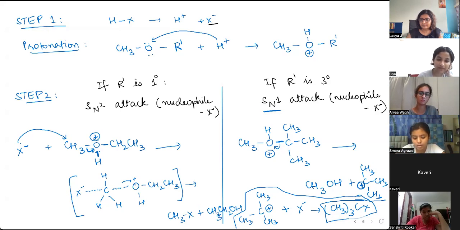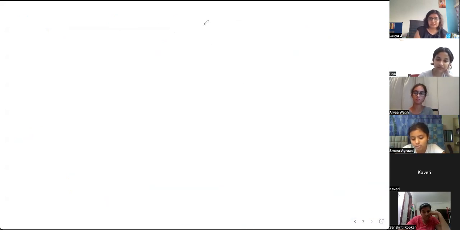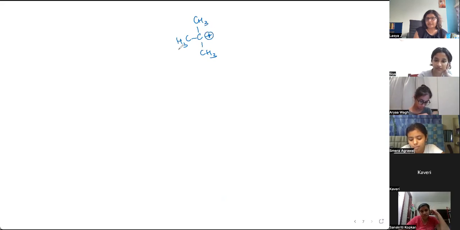Yeah. Okay, so the last step is this. This is what is formed at the end of that previous step: the tertiary CH3 group, and then you have a carbocation.